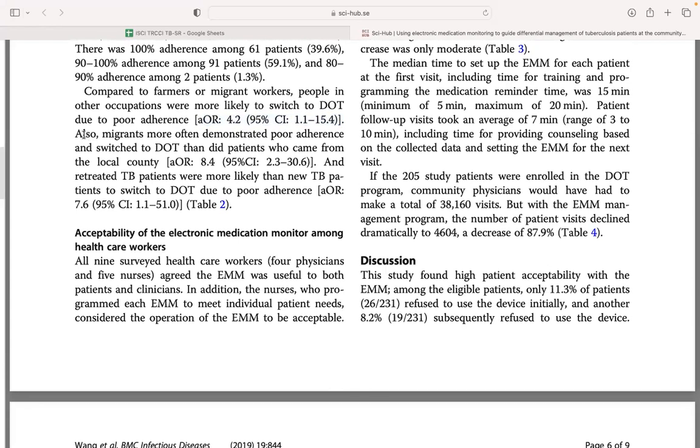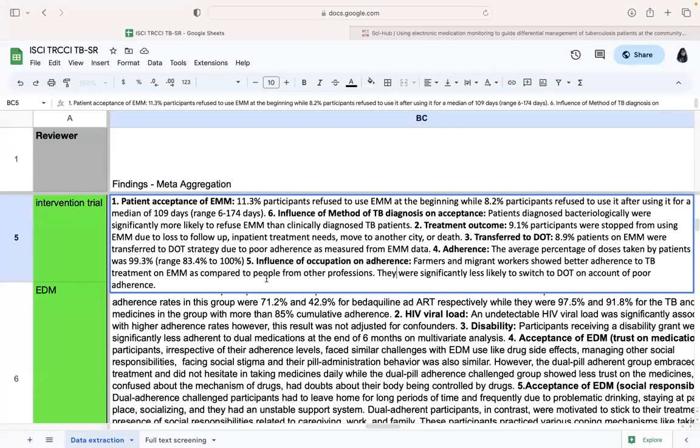Okay, moving forward. Also, migrants more often demonstrated poor adherence and switched to DOT than did patients who came from the local county. This is also a very, very important point. So this will come under, I would say, influence of location, residence on adherence, right?